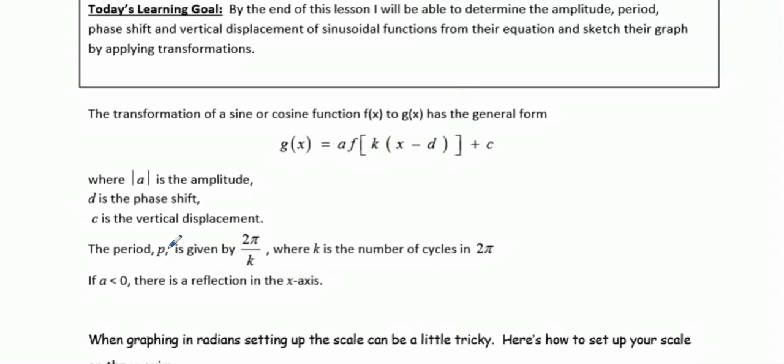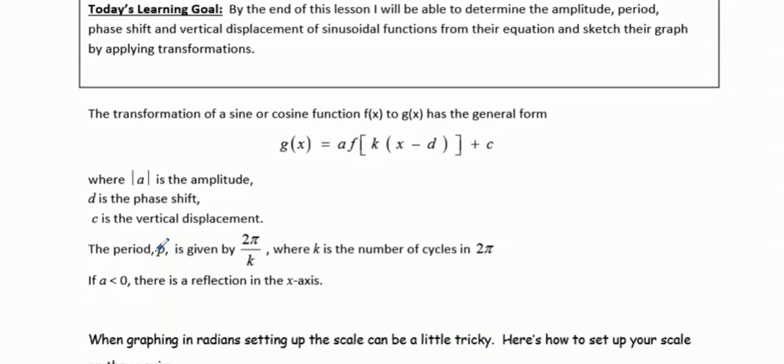Okay, so period P is related to the K, but it's not equal to the K. K in sinusoidal functions is the horizontal stretch or compression, but really what it is, it's the number of cycles in 2 pi.